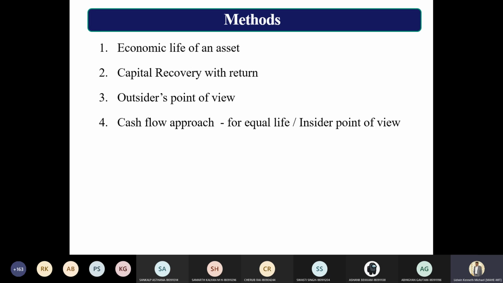And one important thing, all the methods will be using the annual worth method, because you are calculating this based on the annual worth. A company doesn't see what is happening at the beginning or at the end. They see what is happening every year.